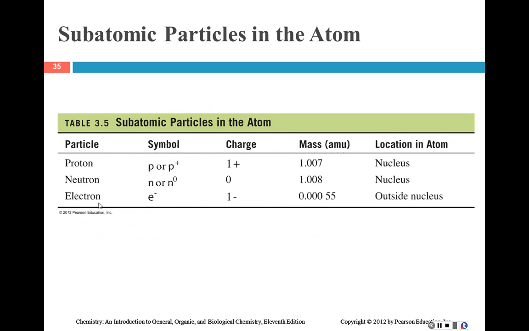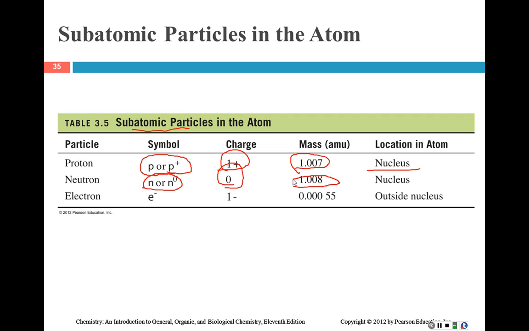So to summarize these subatomic particles of the atom, you have a proton that we write either P or P+. It's a positive charge, mass of about 1, found in the nucleus. The neutron is an N or an N0, has a 0 charge because it's neutral.